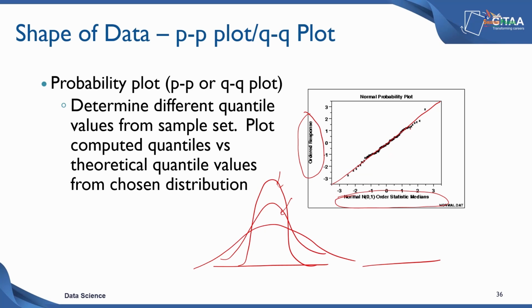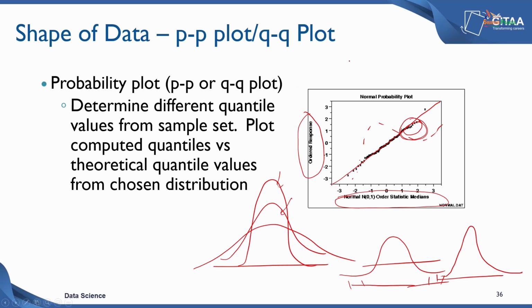Any aberrations are indicative of a skew or a kurtosis, where you have a bulk, either a skew like this, or very bulky end points. Those are indicative of small movements. But if you had data going all over the place like this, that clearly means it is not a normal distribution.